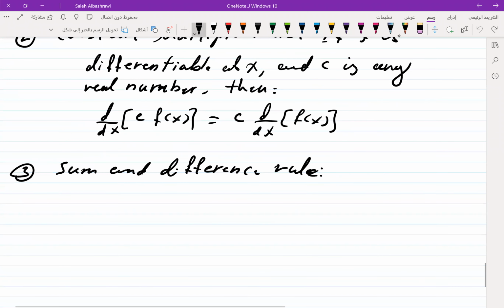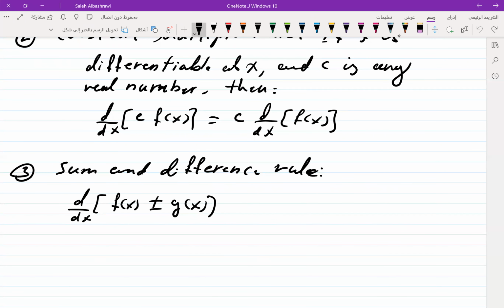This rule says that the derivative of the sum or difference between two functions, f of x plus or minus g of x, is equal to the derivative of the first function plus or minus the derivative of the second function.